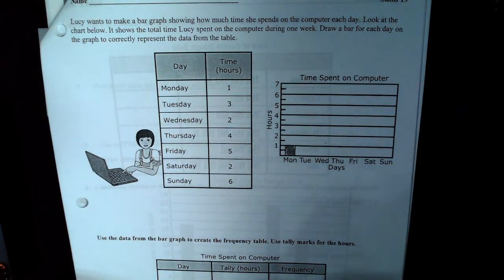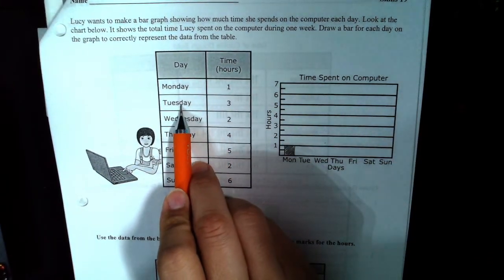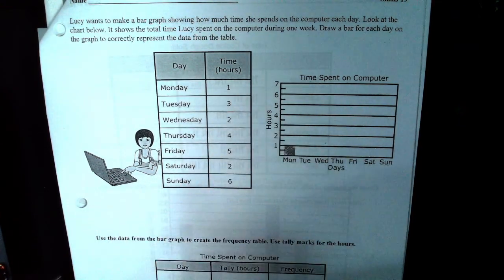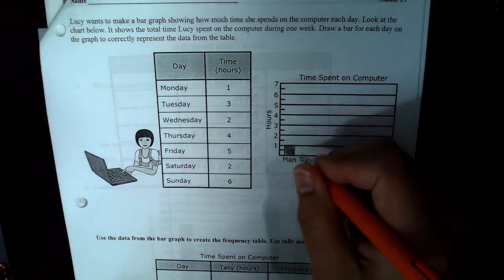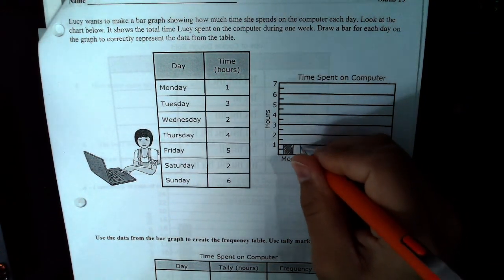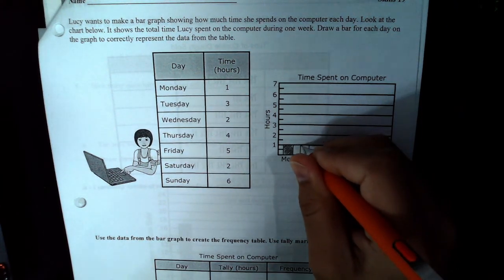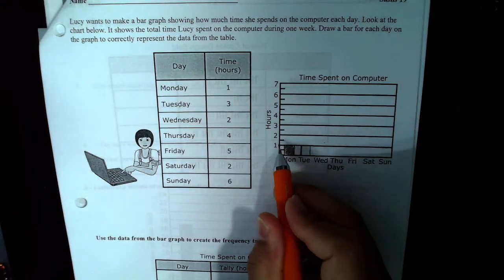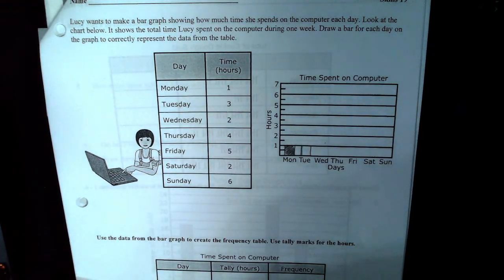Now I'm going to look at Tuesday. And I'm going to do the same thing. Tuesday, she spent 3 hours on the computer. So I'm going to start drawing a rectangle on top of Tuesday, but I can't stop when I get to the number 1. I need to go past that because she spent 3 hours on the computer.